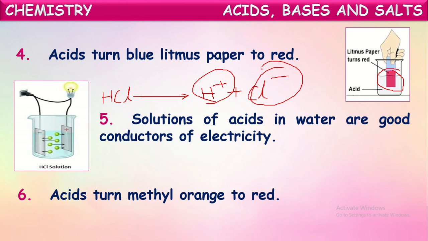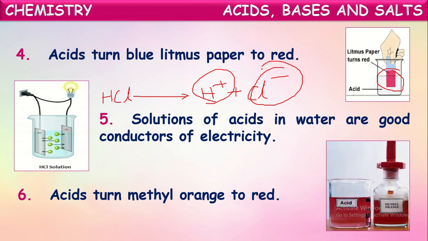Another one is that acids turn methyl orange red. Methyl orange is also one of the testing indicators, just like litmus paper. Litmus paper we use to test acids and bases by color change.